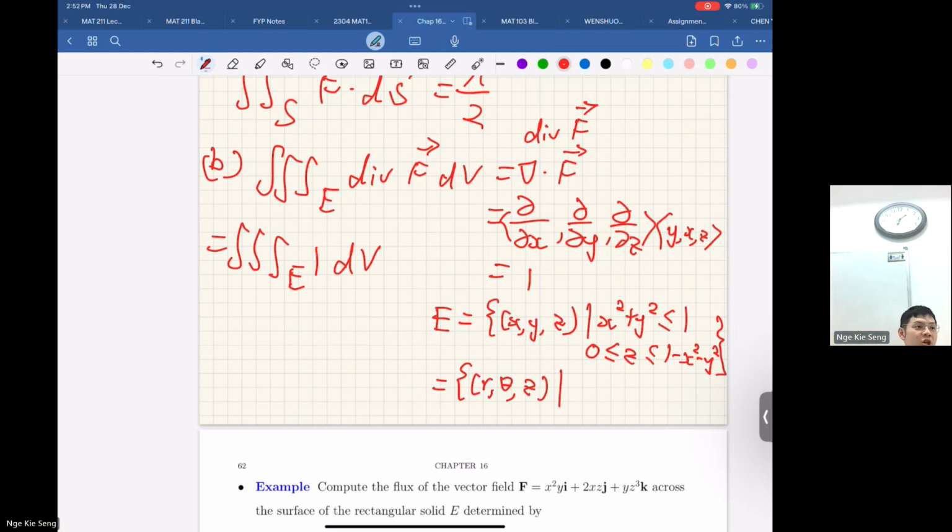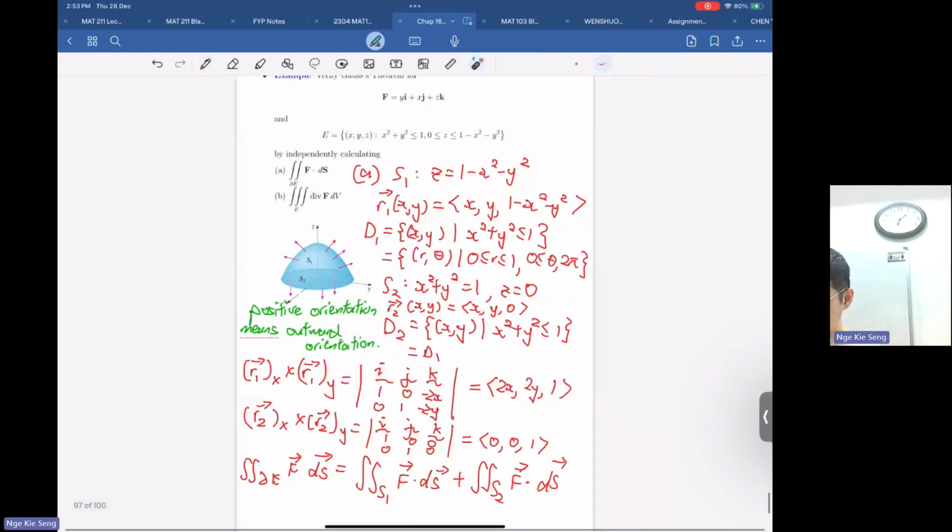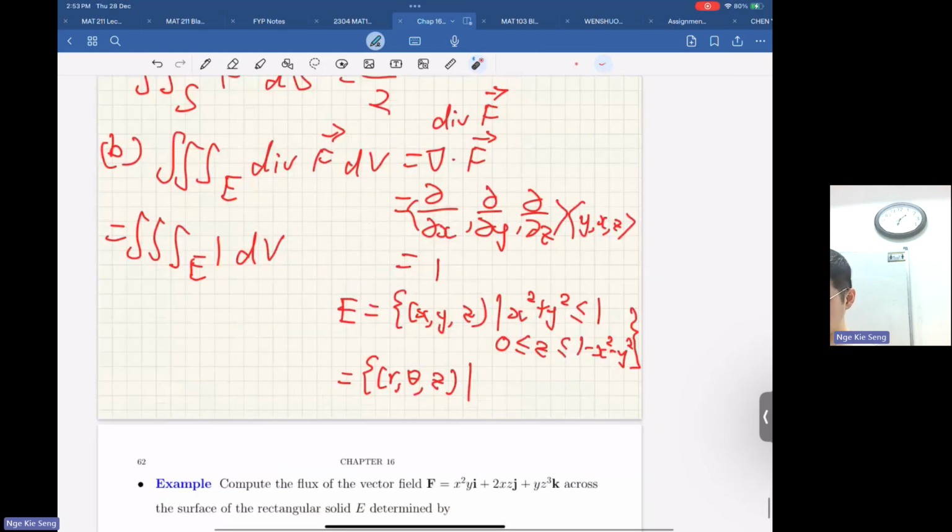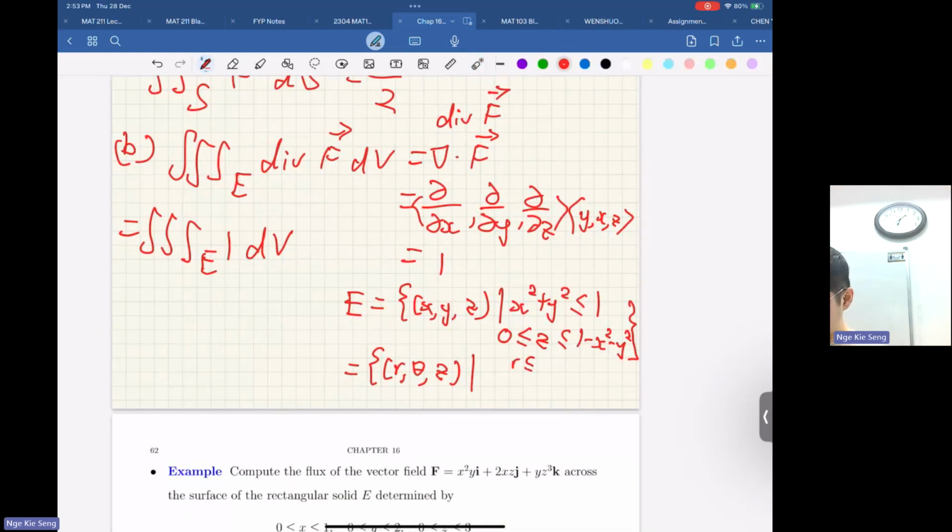First of all, what's the radius here? r from where to where? 0 to 1, because everything is within radius 1. How about the angle? The angle goes from 0 to 2 pi.